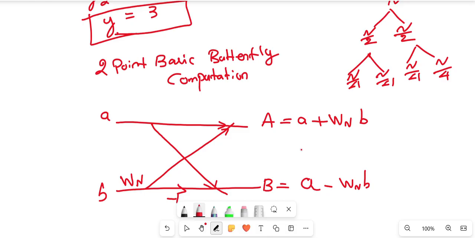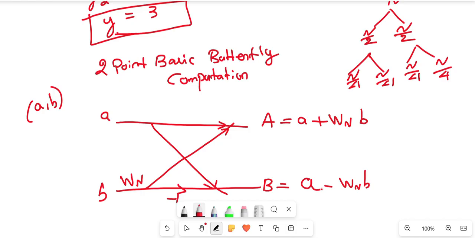It takes two complex numbers A and B, multiplies B by the Wn power r, and then adds and subtracts the product.